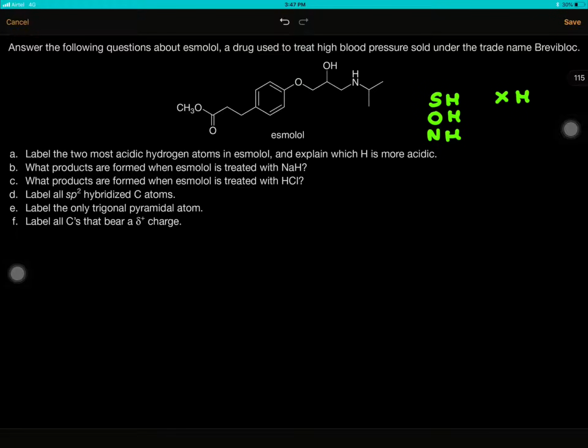And if you see, this hydrogen is attached with the oxygen, that will be acidic, as well as this hydrogen is also attached with this nitrogen, so this is also acidic in nature. So you can say these are the two hydrogens that are acidic in nature.